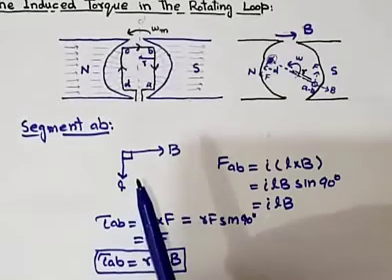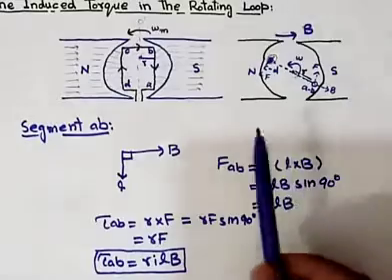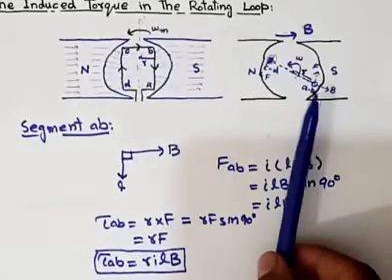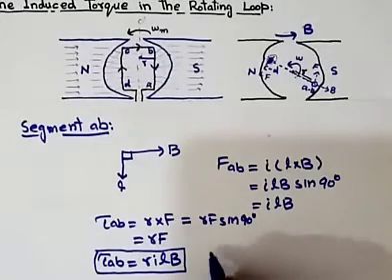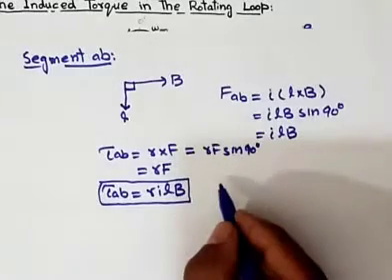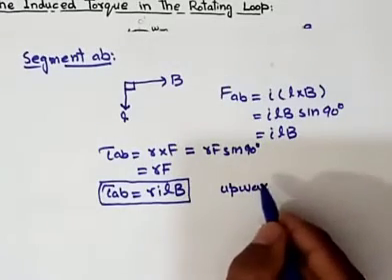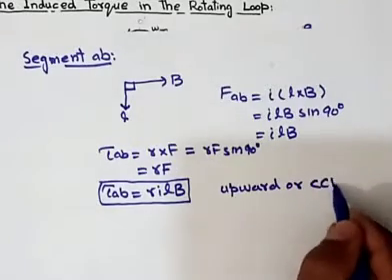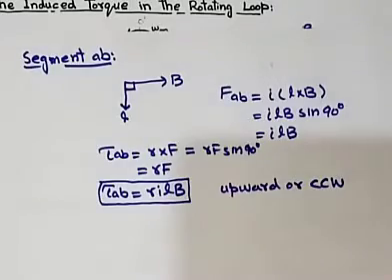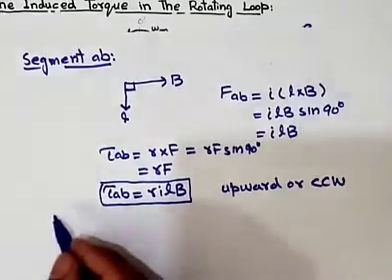The thumb will show the direction of the force. So that's why the direction of the force is upward, and the direction of the torque will be counterclockwise. The next segment is segment BC.